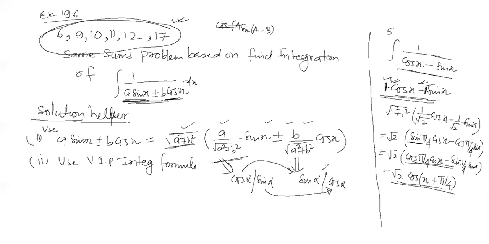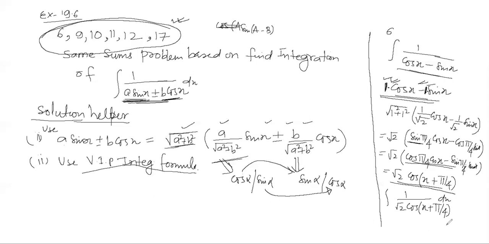Okay. Now the next step, in place of cos x minus sin x, we just write root 2 cos of x plus pi by 4. Got it? Alright? Very good. Now the next step, what I have written in the solution helper: use the VIP integration formula.